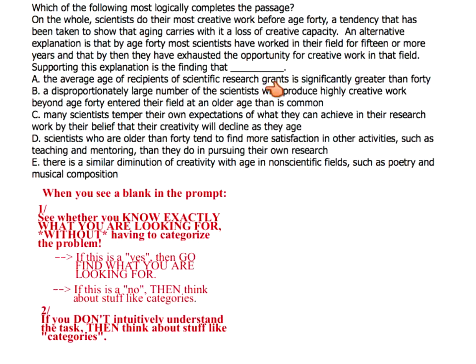Same sort of thing, let's apply that here. Scientists, on the whole, typically do their most creative work before they're 40. That means I don't have too much creativity left. How sad. A tendency that has been taken to show that aging carries with it a loss of creative capacity. So this means most scientists do their creative work when they are relatively young.